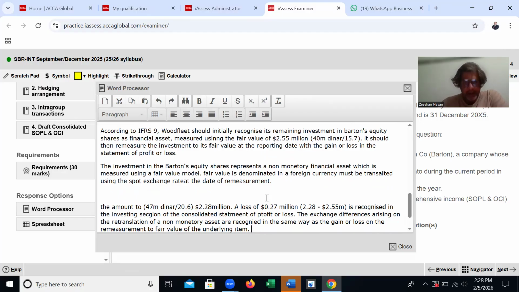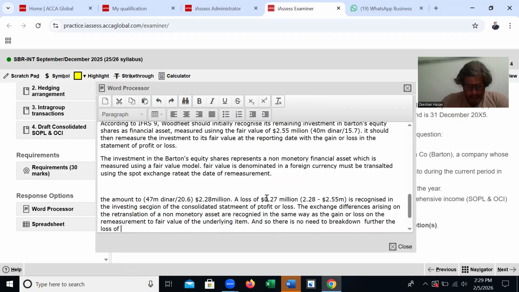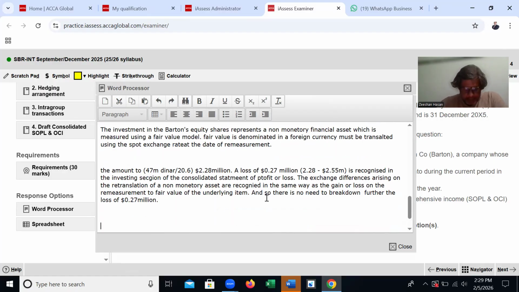And so there is no need to break down further the loss of 0.27 billion. By the way, we are done with this part.